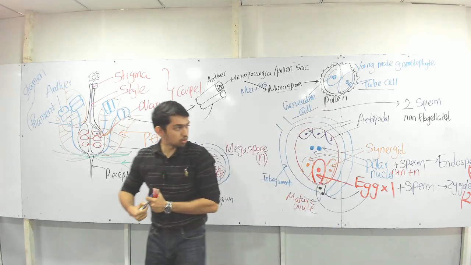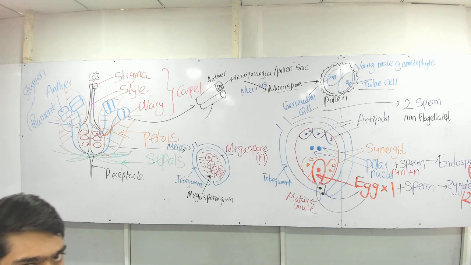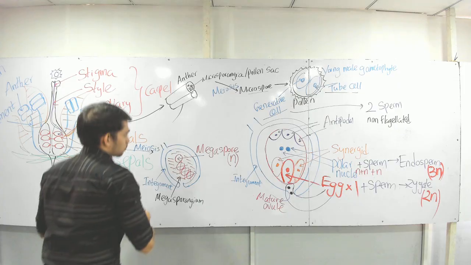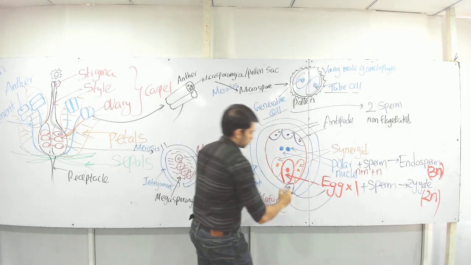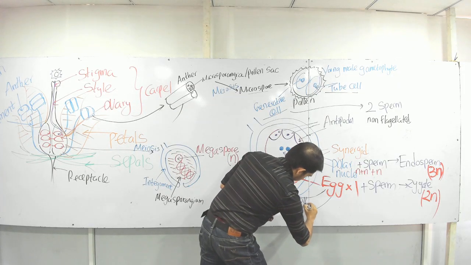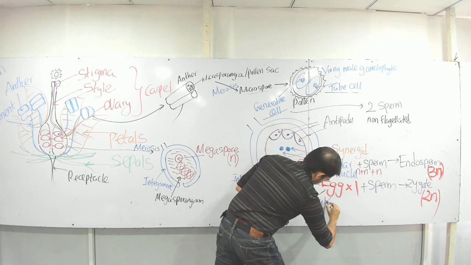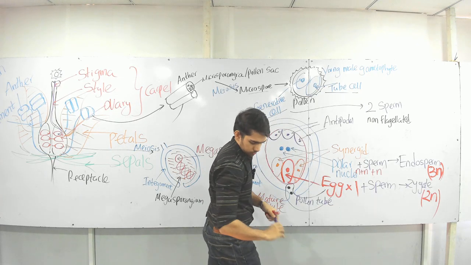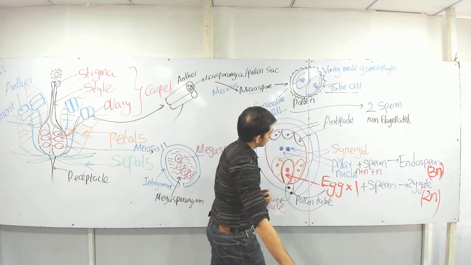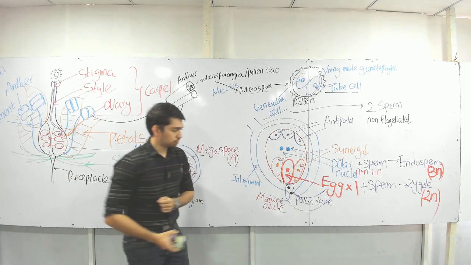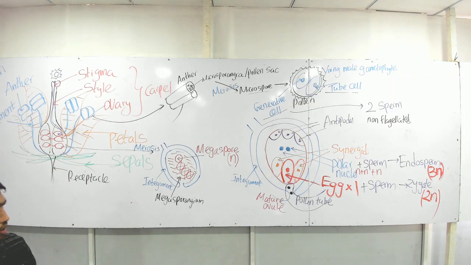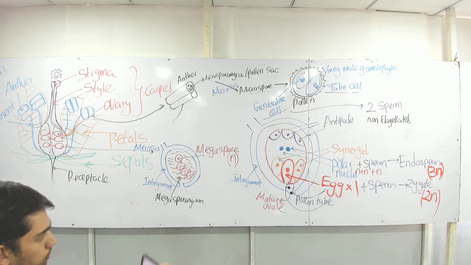The other end, you can see the other end. Draw the pollen tube also, right? The pollen tube goes through the micropyle and delivers the sperms into the female gametophyte.